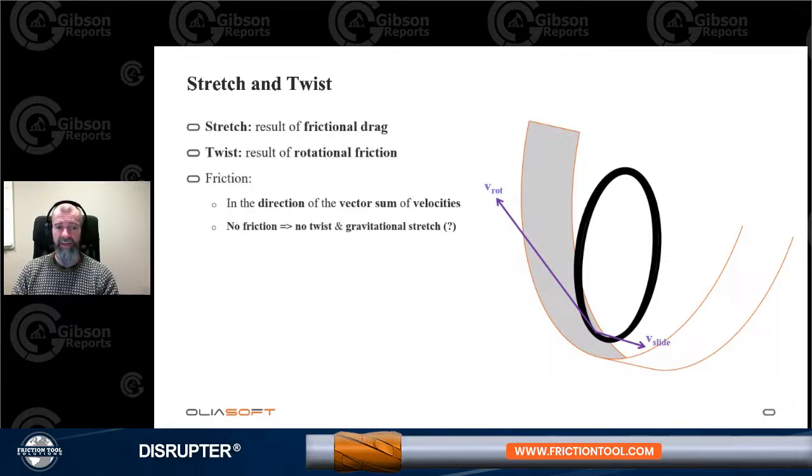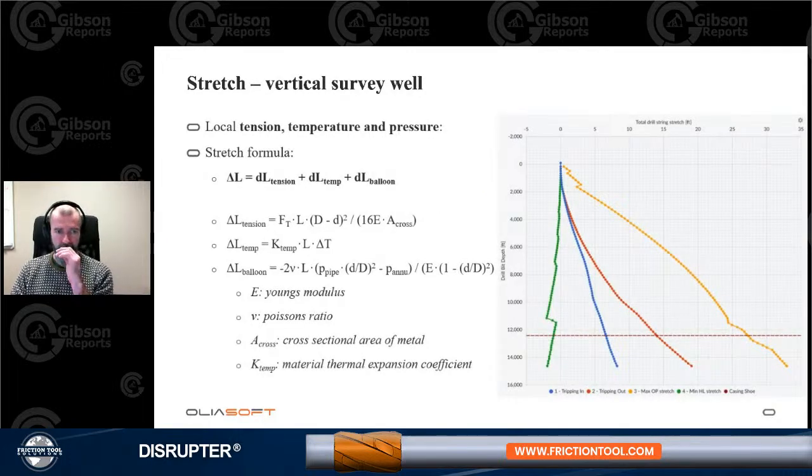So then one might think that, well, if we don't have any friction, and we can't have any twist, maybe we'll have some gravitational stretch, maybe. But let's take a look. Could there be more? Well, if we look at stretch, it is actually a bit more than that.